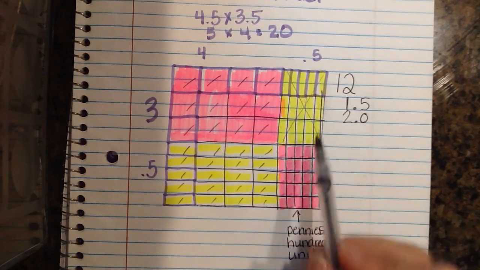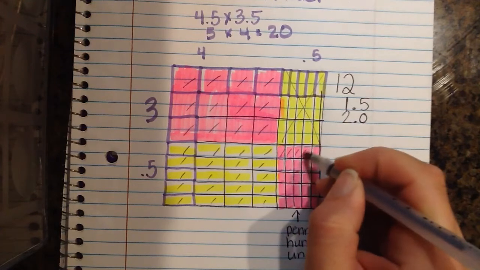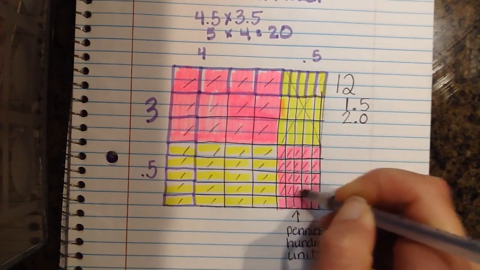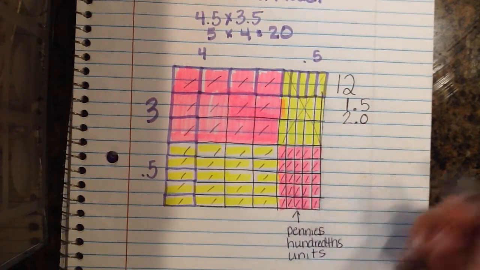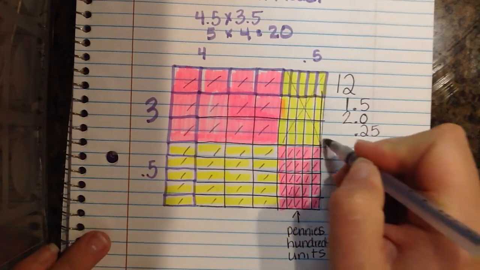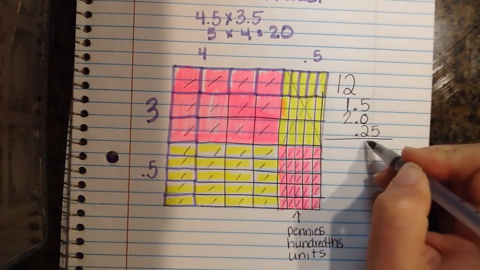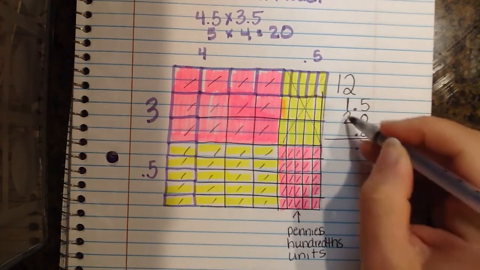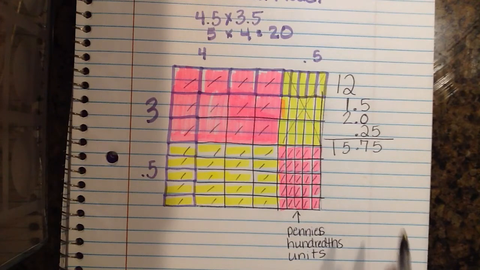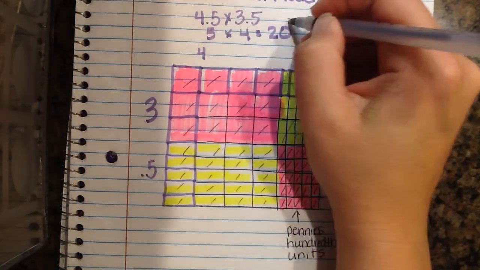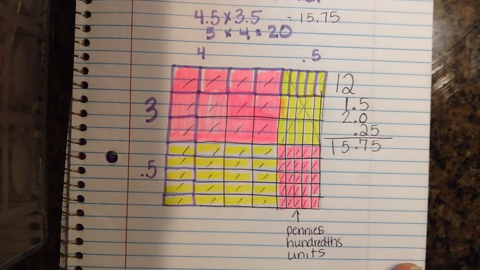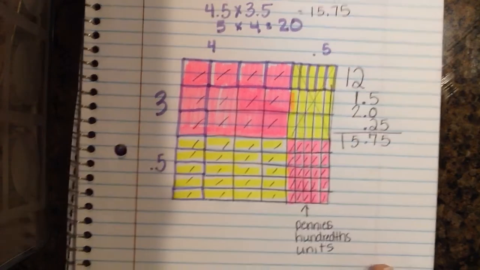So how many of them do I have? 5, 10, 15, 20, 25. 25 pennies, 25 hundredths, this is how I write it. So my answer to this problem was 15 and 75 hundredths. Let's talk about exactly what I did.